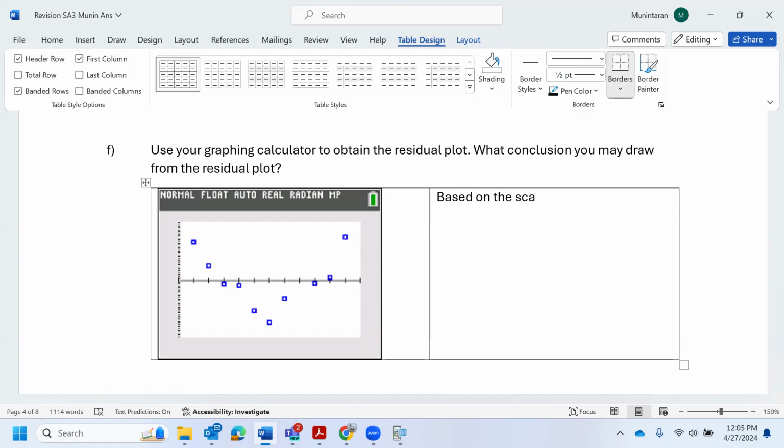Based on our residual plot obtained, the plot shows an obvious pattern. What pattern is it showing? It's showing a U shape.